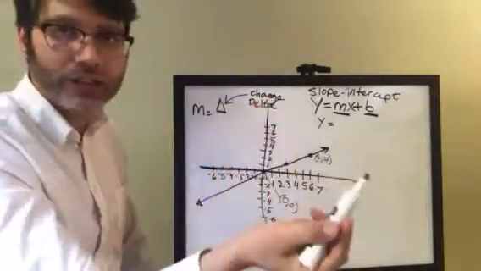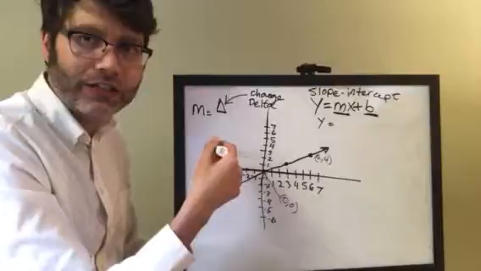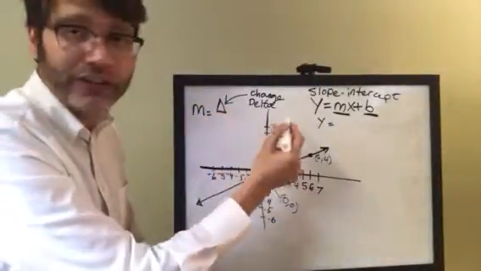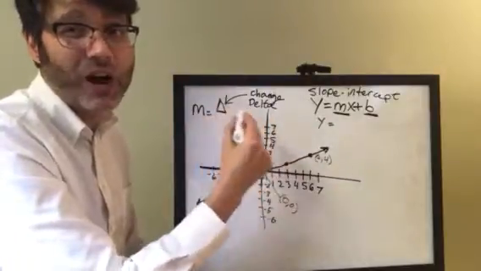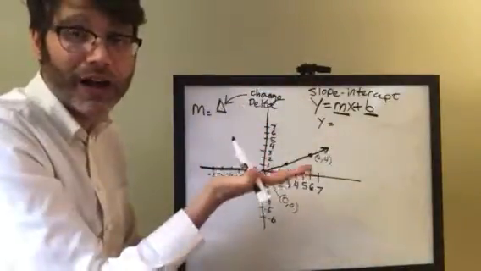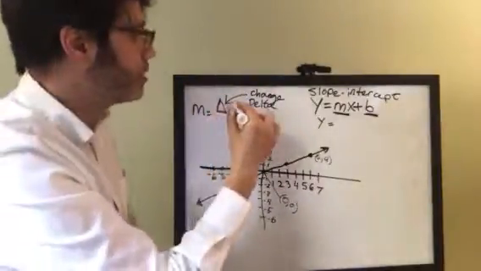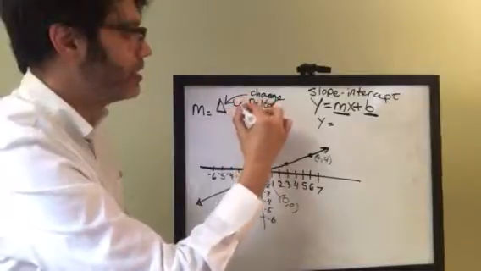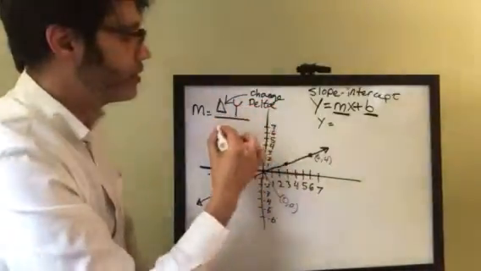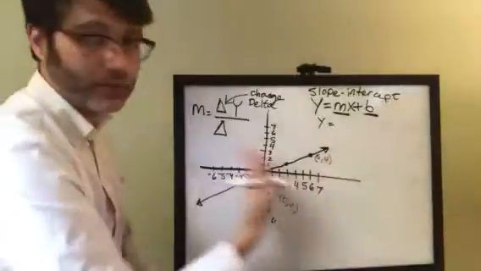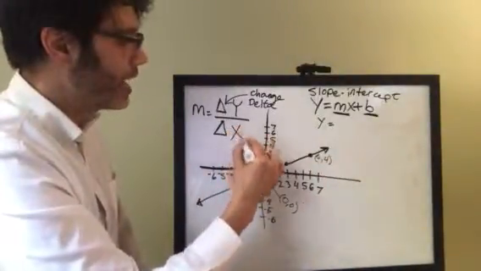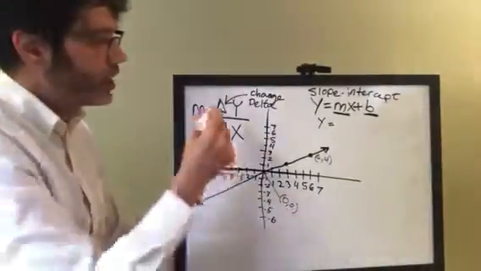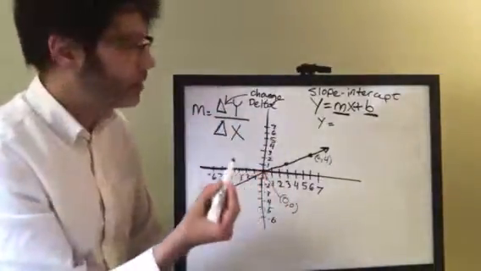Instead of saying change vertically, I could just say change in y, because that's what's happening, going up or down. So I'll say delta y, and then I'll put over it the change horizontally, left or right on the x-axis, change in x. So this is a really quick way to write the slope formula: change in y over change in x, delta y over delta x.